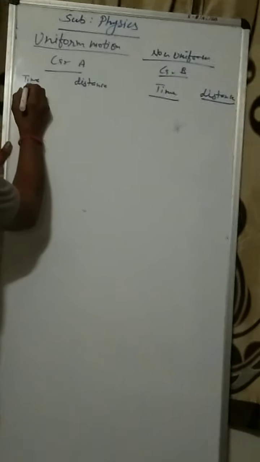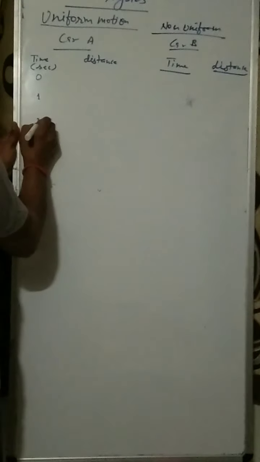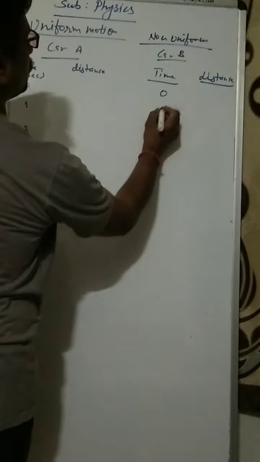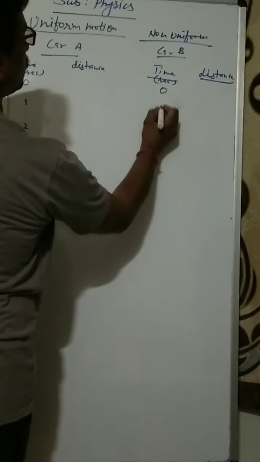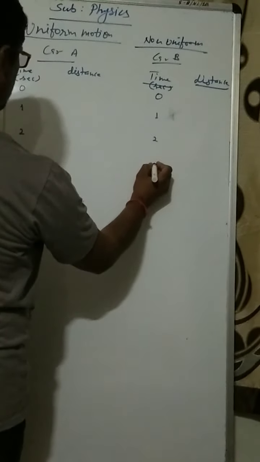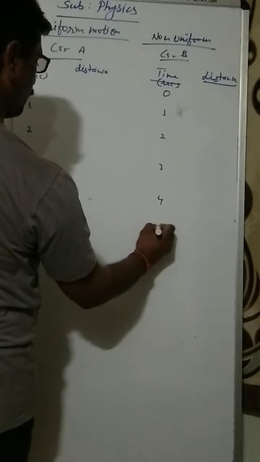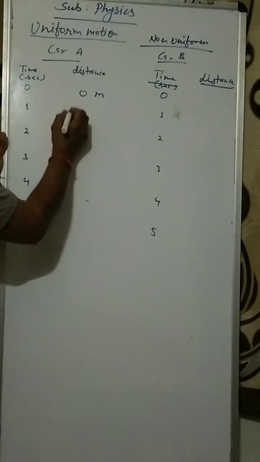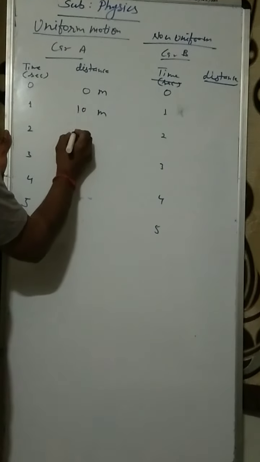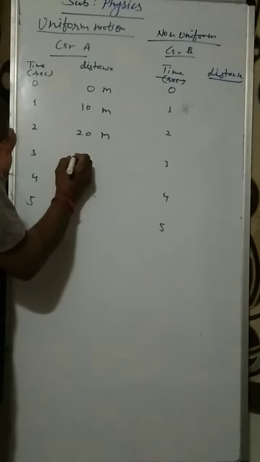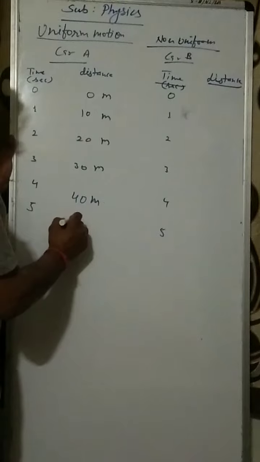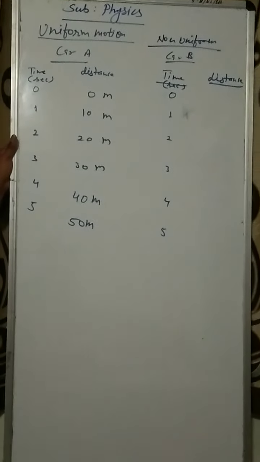At 0 second, 1, 2, 3, 4, 5. In the 0 second, distance is 0 meter. At 1 second 10 meter, second 20 meter, third second 30 meter, fourth second 40 meter, fifth second 50 meter.